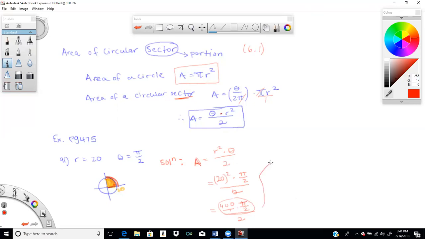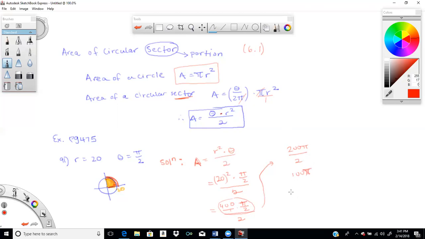Then 200 pi over 2 simplifies to 100 pi. Now they want us to find the area, so versus leaving it at 100 pi, we compute 100 times pi to get the actual feet squared.